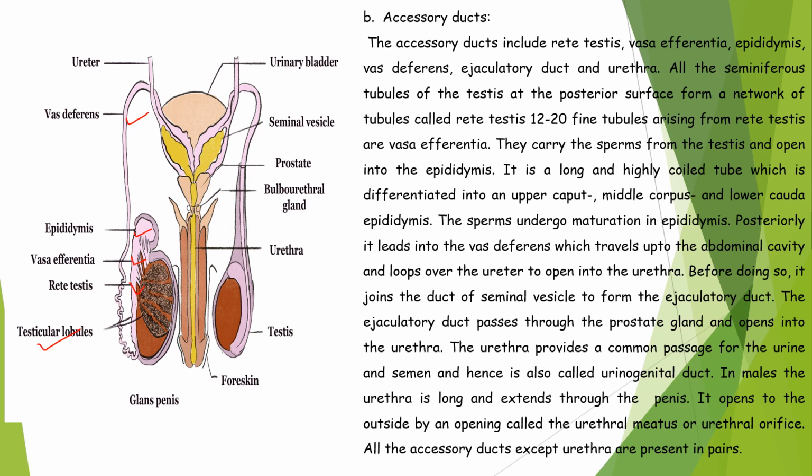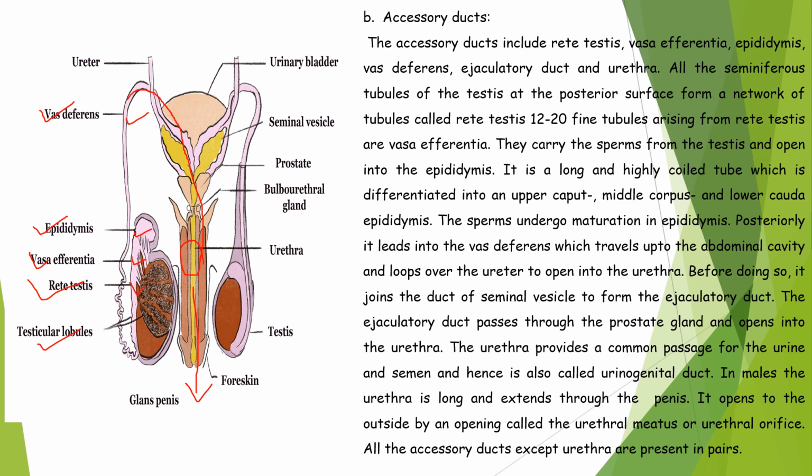Okay, and this vas deferens joins a part of the urethra, right? So this is the flow of a sperm, and these four, rete testis, vasa efferentia, epididymis, and vas deferens, contribute to the accessory ducts of the male reproductive system. So that was the basic structure of the male reproductive system.